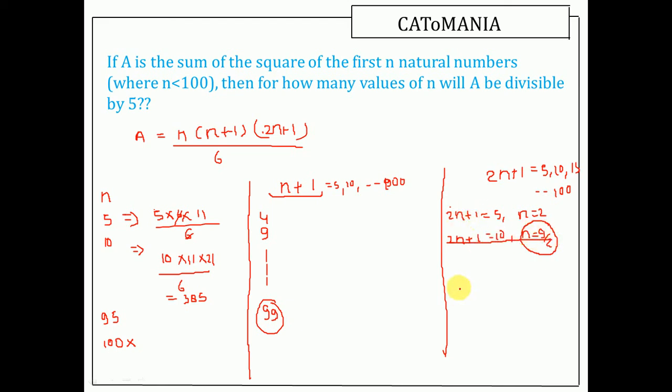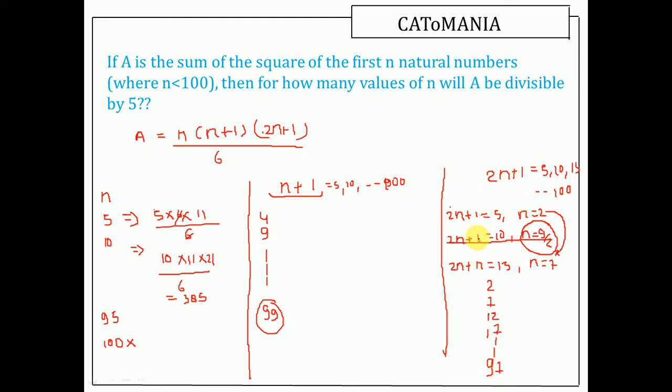So what we will do next? We will take 2n plus 1 equal to 15, and here n equals 7, right? So if you see, this is an AP with common difference 5. n is equal to 2, 7, 12, 17, and will continue till 97.